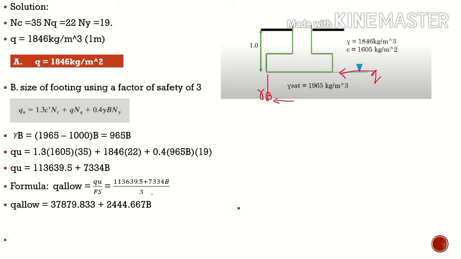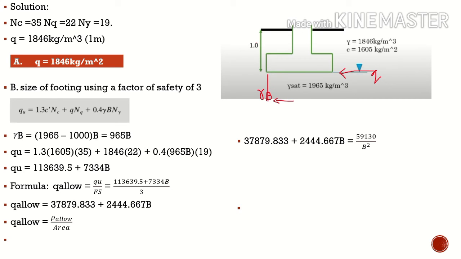So our formula is force over area. Substitute and equate this, so Q allow is equal to P allow, or gross allowable load, 59,130 over B square.